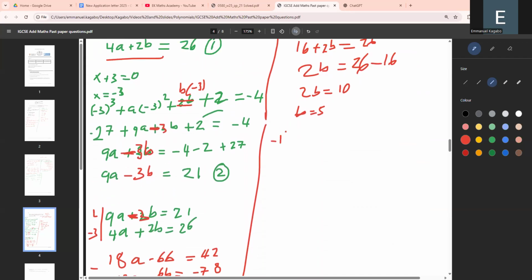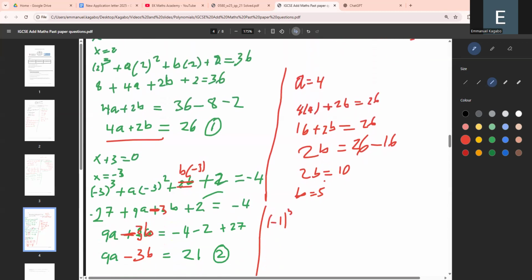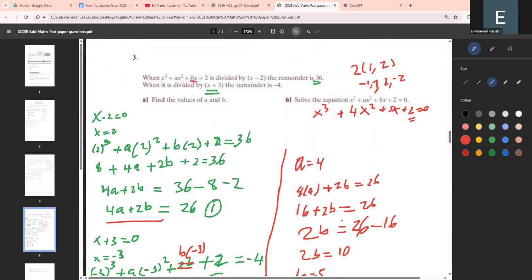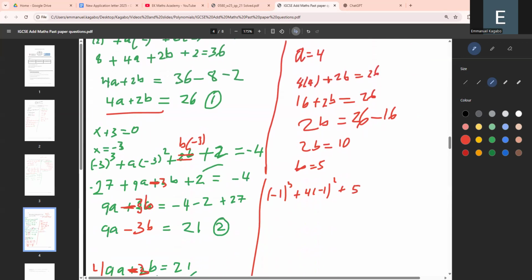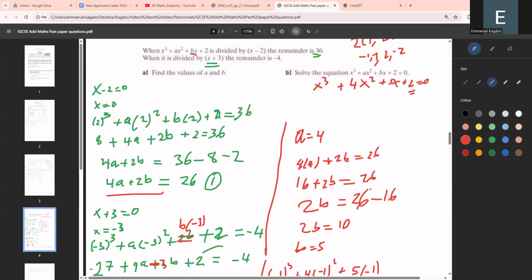So it's negative 1 power 3 plus 4 times negative 1 squared altogether plus 5, which is your b value, times negative 1 plus 2.